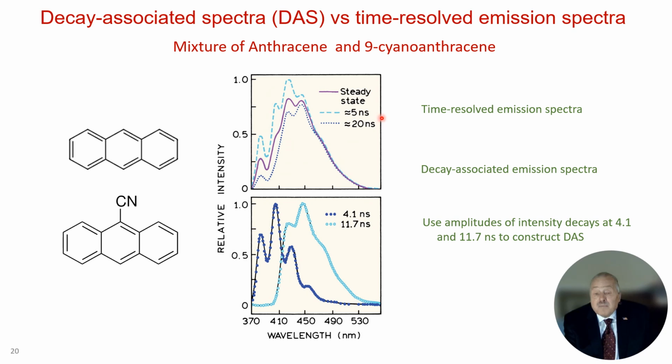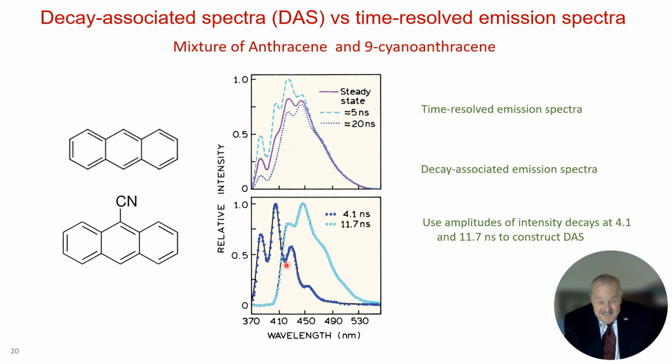If you look at the time-resolved emission intensity, you would see the spectra changing in time, because the time-resolved spectra are dominated by the shorter decay time fluorophore, and at later times dominated by the more slowly emitting fluorophore. And you can take these data, and instead of using the time-resolved data, you can use the amplitude at each particular time, and you can calculate the decay-associated spectra.